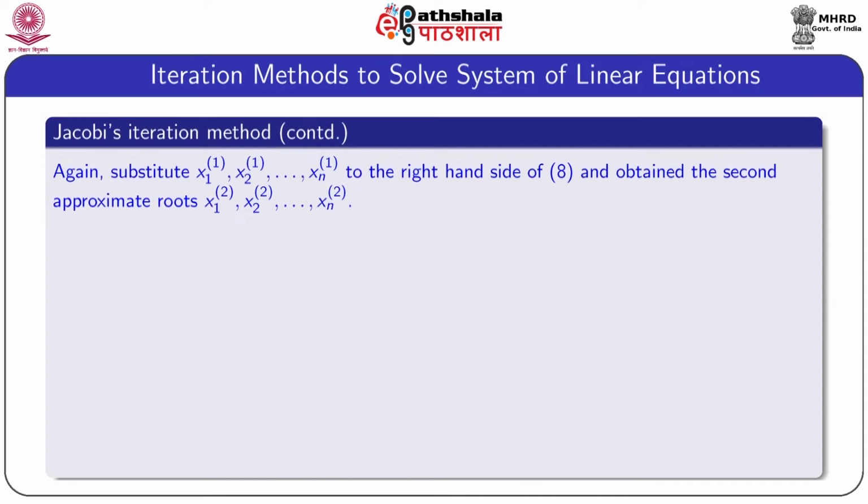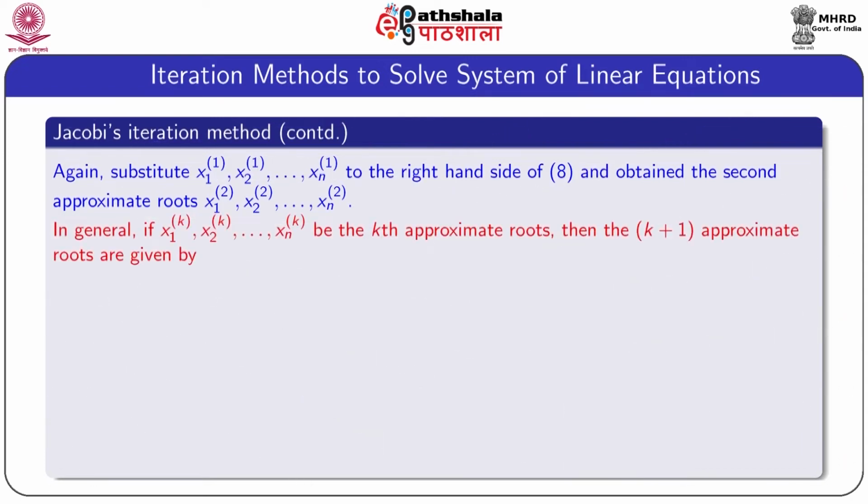Again, we substitute the first approximate values x1^1, x2^1, ..., xn^1 into the right hand side of the system of equations 8 and obtain the second approximate root x1^2, x2^2, ..., xn^2.